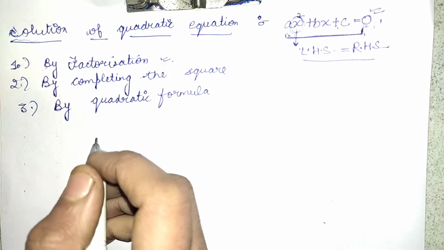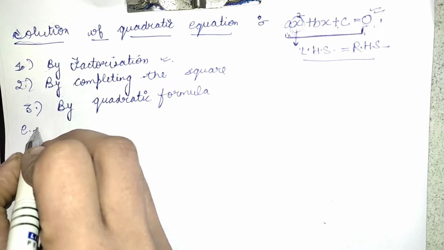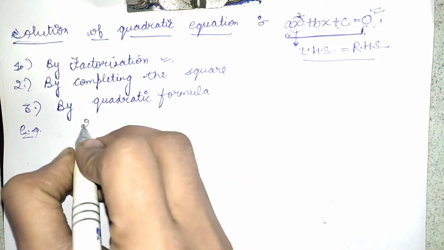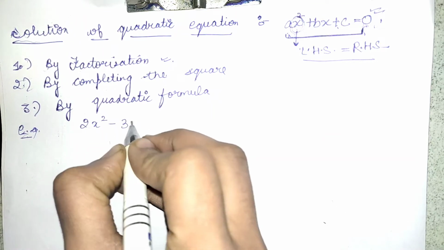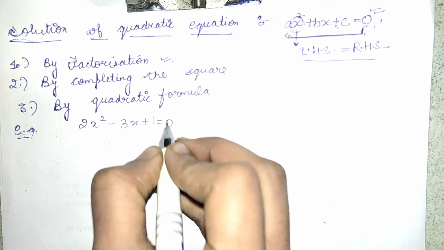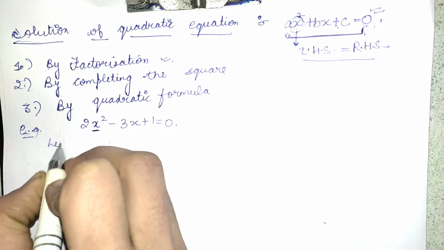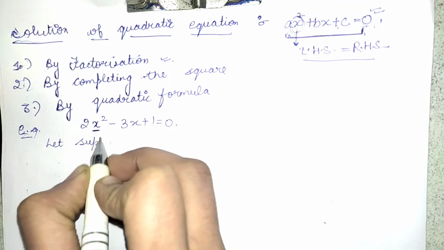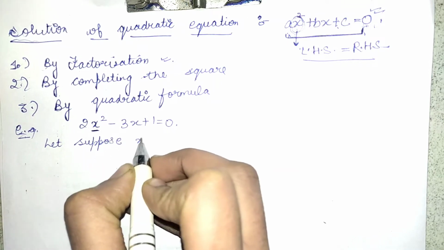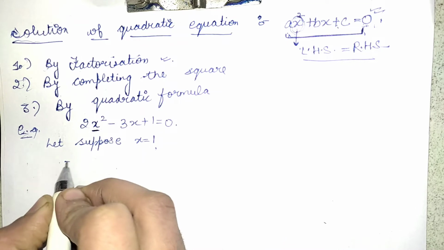Suppose, for example, I have a quadratic equation 2x square minus 3x plus 1 equals 0. So I have to find the value of x. For understanding, let us first suppose that x equals 1.